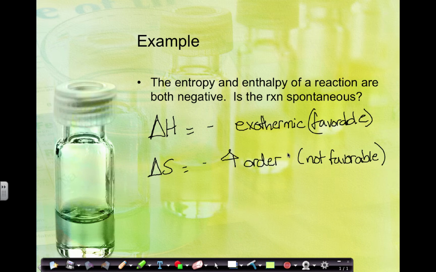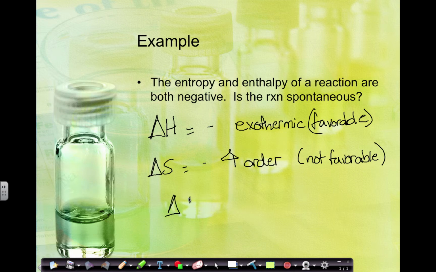So if I look at delta H, it's exothermic. In an exothermic reaction, I'm going to release energy, so I would want the surroundings to already be at a low temperature.